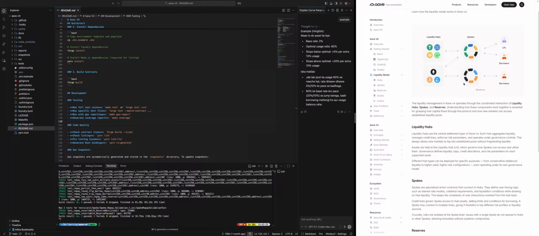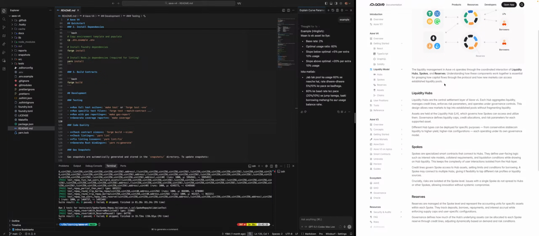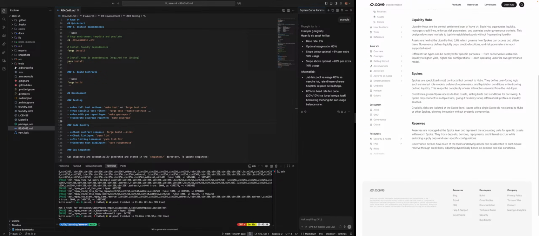Oh no, I think what it means is that it shows the reserves of each token. Yes. And users actually interact with spokes, which are able to interact with the liquidity hubs. So let's go ahead and dive in.